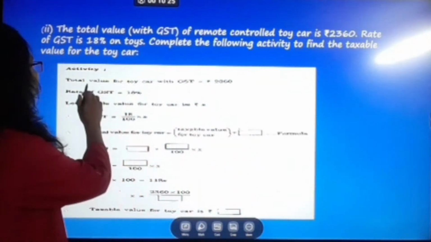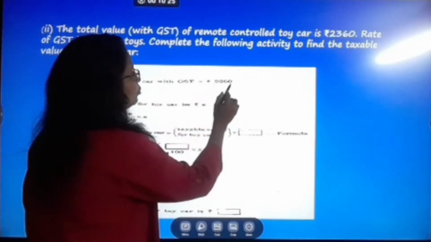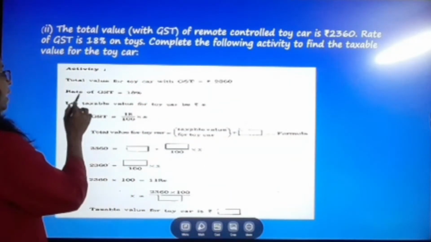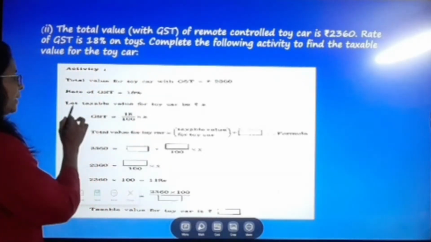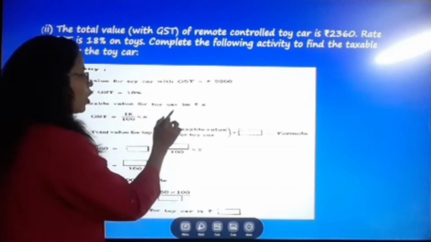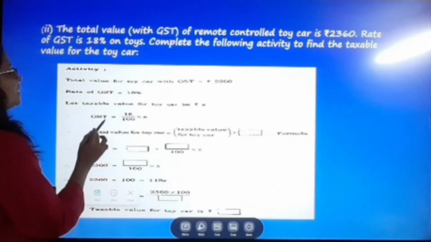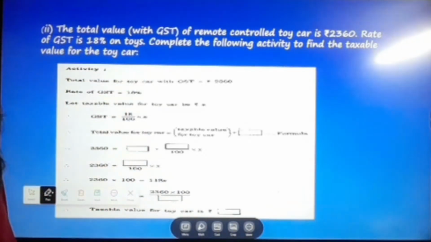So here total value for toy car with GST is equal to rupees 2360. Then rate of GST is equal to 18%. Let taxable value for toy car be rupees x, and then here GST is equal to 18 upon 100 multiply x.